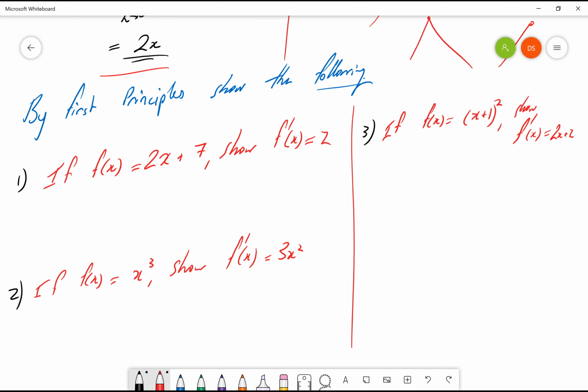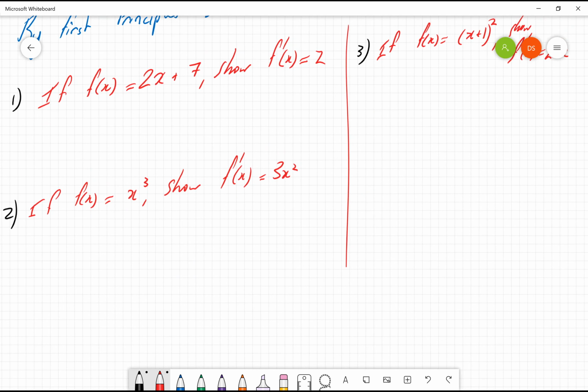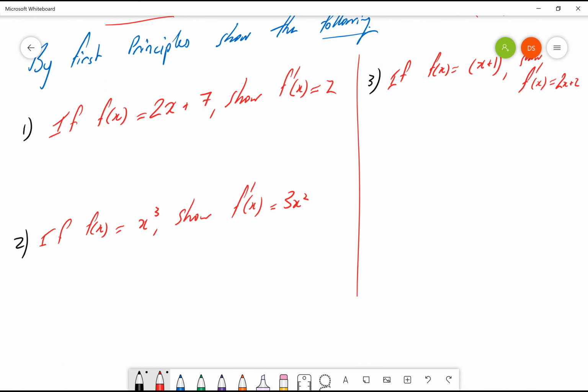Okay, so what I'm going to do is I'm going to do question 1, and I'm going to leave question 2 and 3 as exercises for the reader, or I might speed through them and then you can slow this video down and watch. Okay, question 1. f dash of x is equal to limit h tends to 0 of the quotient with 2(x plus h) plus 7.